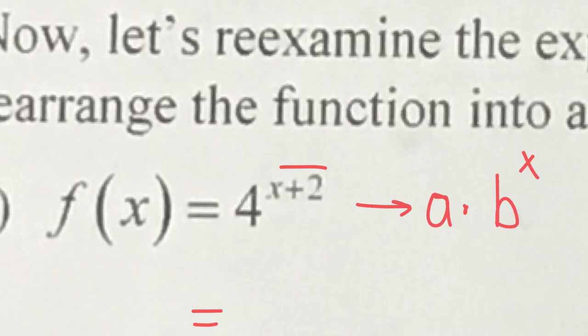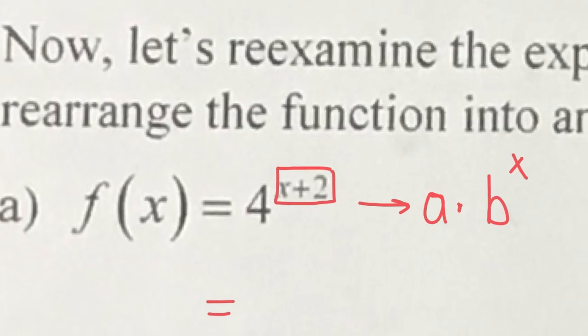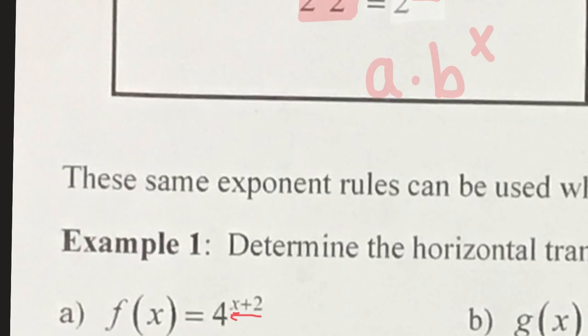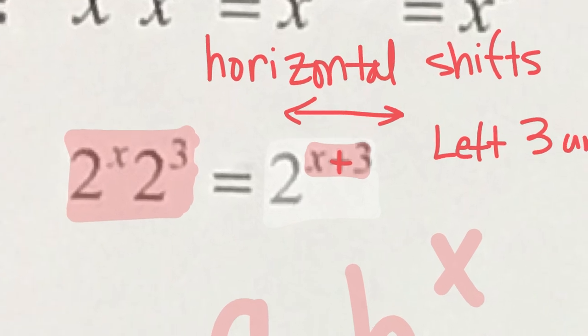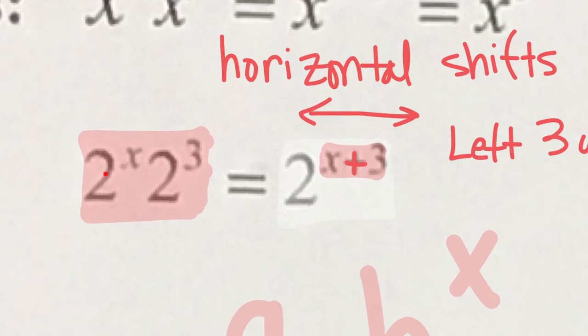So up above, plus came from what? Right, our power said if we have 2 things with the same bases that are being multiplied together, right? This is multiplication. We know it's multiplication because there's not a plus sign, there's not a minus sign, there's not a division sign.